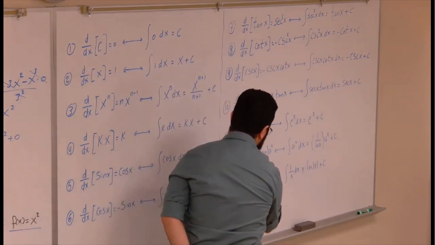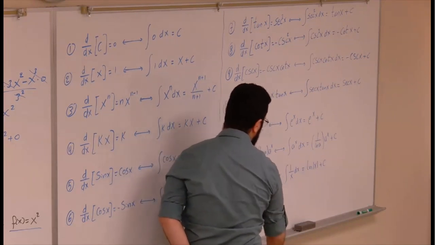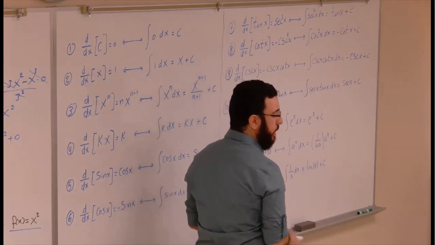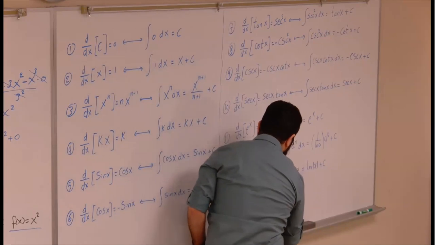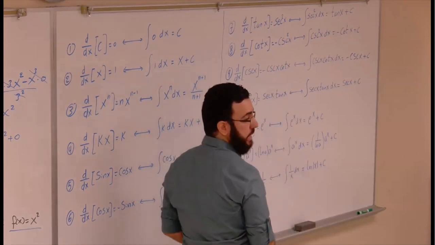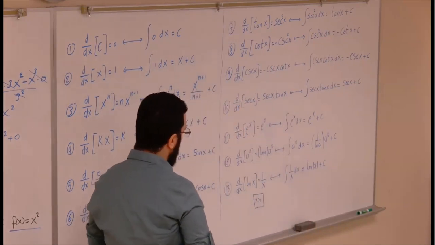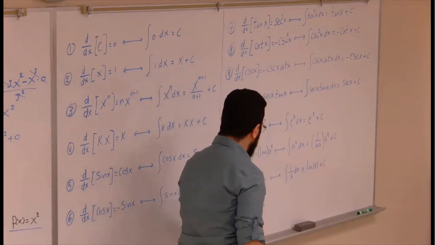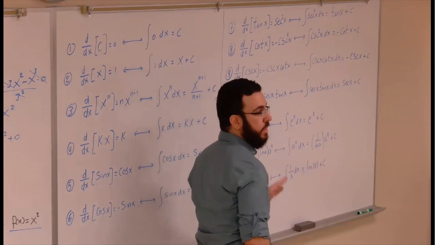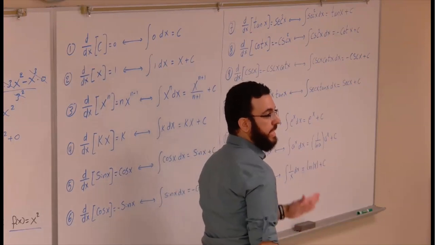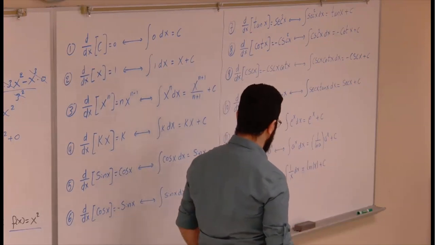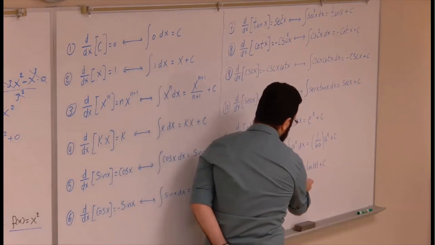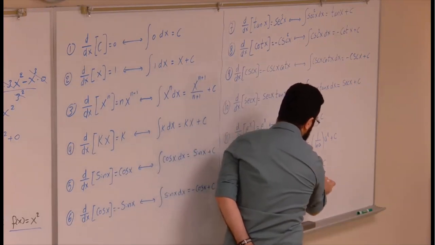The derivative for ln x is going to be 1 over x. But there's a condition. Why does the condition say always x greater than 0? Why for this function, ln x, do we always have to take x greater than 0? Why can't we take a negative number? The integral for 1 over x is going to be ln of the absolute value of x.